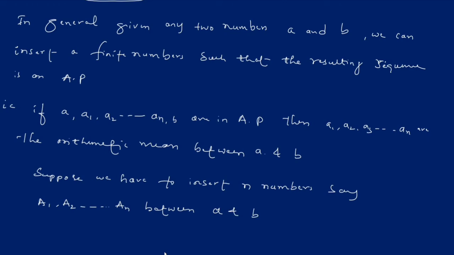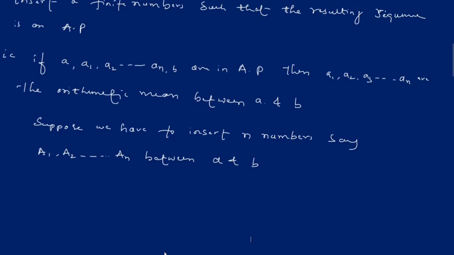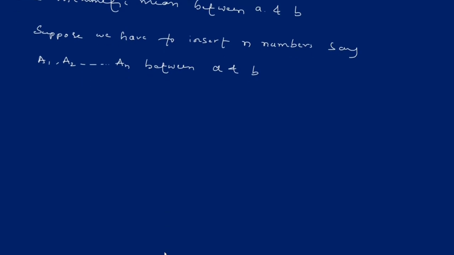Then a, A1, A2, A3, and so on up to An, b is an AP with n plus 2 elements.